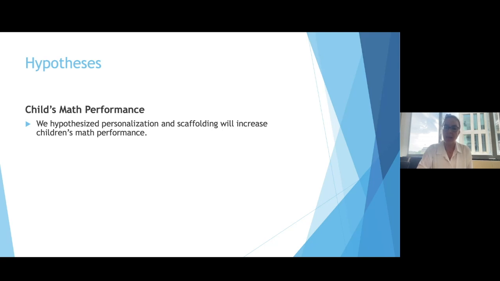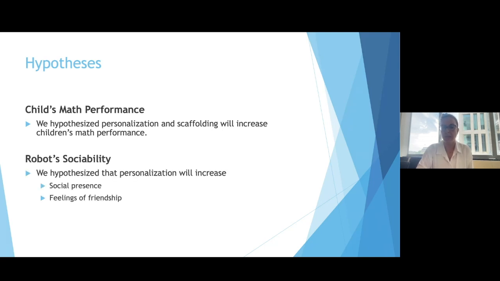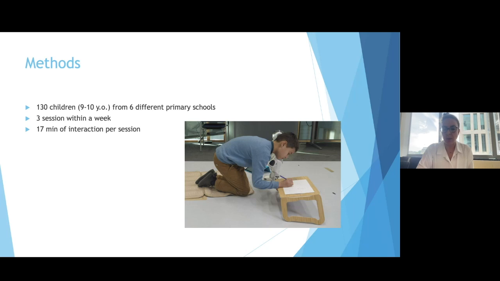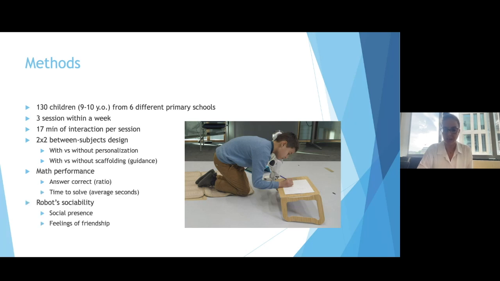Overall, there was an average of 70 minutes of interaction per session, and we had children from different backgrounds and different levels of schools, primarily group 6 and 7 in primary Dutch education. Each child interacted 3 times with the robot within a 1 week period, from Monday till Friday.